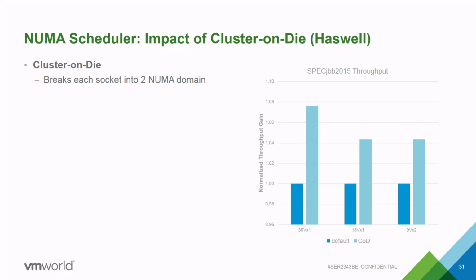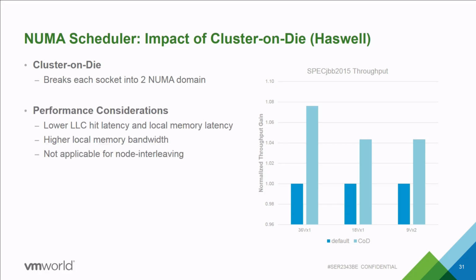Before I talk about virtual NUMA, which will deal with big VMs, let me introduce a little bit of cluster on die, since it's new to Haswell. Cluster on die happens because Intel has more and more cores on certain sockets.